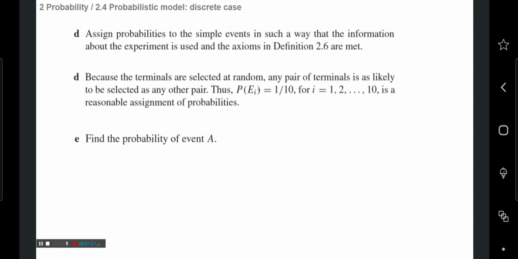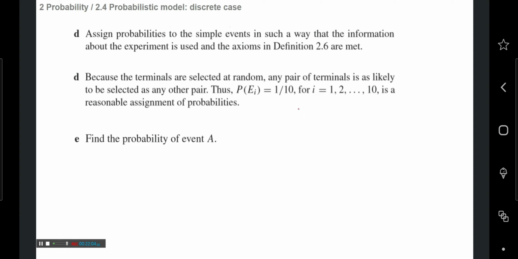Before problem E, we can check definition 2.6 with our assigned probabilities. Axiom 1 says the probability of any event is greater than or equal to 0, and you can check that with this assignment.